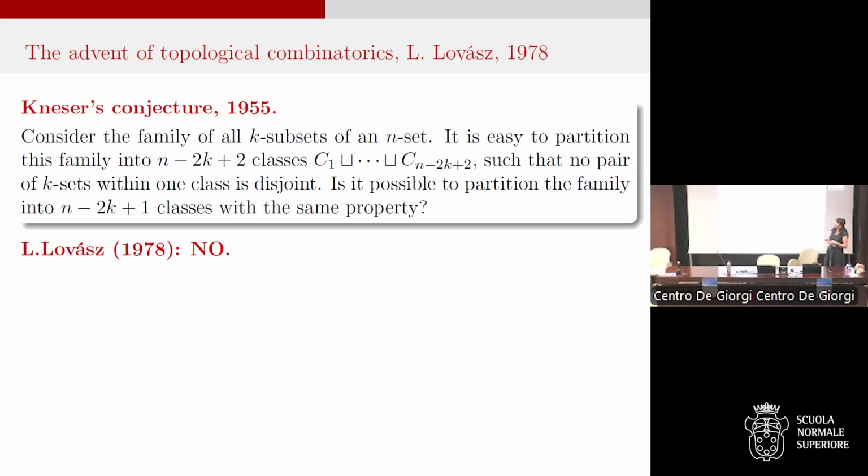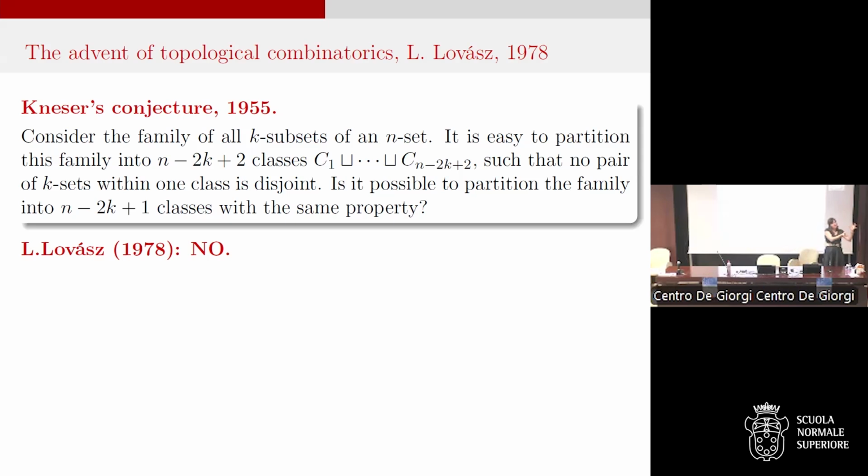So Kneser conjectured something like this. We have some n-set, and we have all k-subsets of that n-set, okay? And what he said, well, it's like an easy exercise: you can partition all those k-subsets into n minus 2k plus 2 classes.